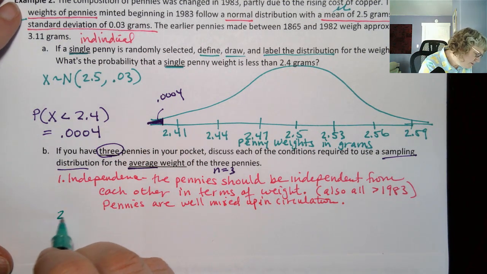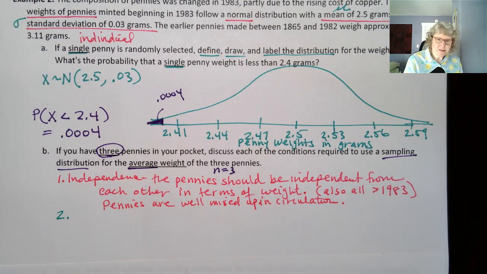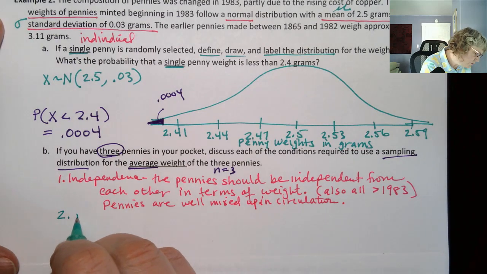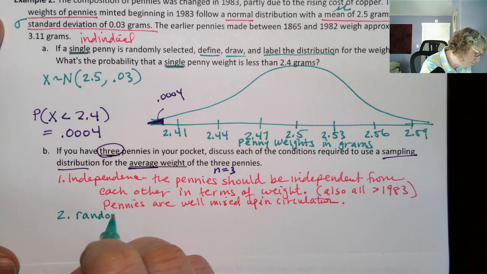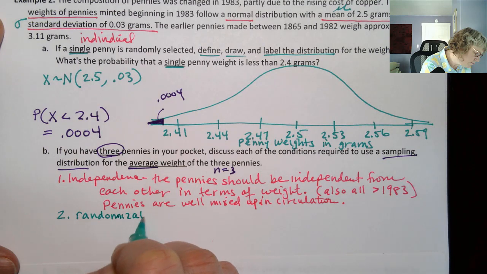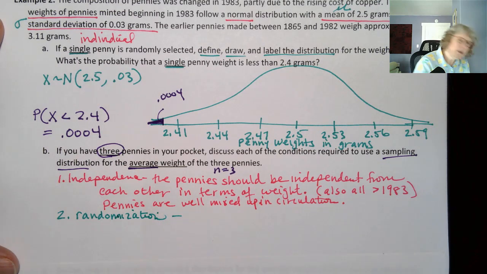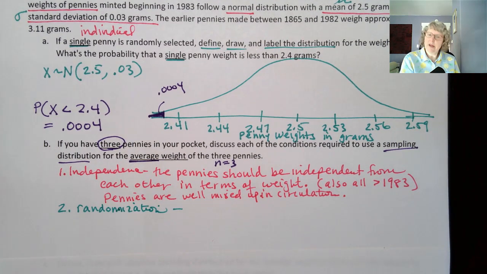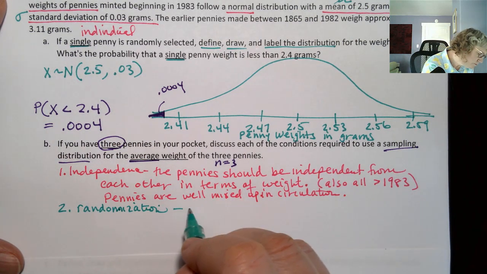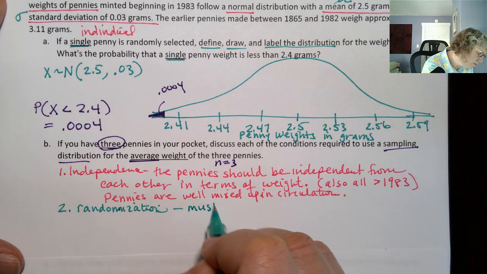Okay, so that's independence, and randomization is tied into independence as well. So randomization, we need a random sample. So do you think these 3 pennies would be a random sample? I think that probably would. So it must be a random sample.